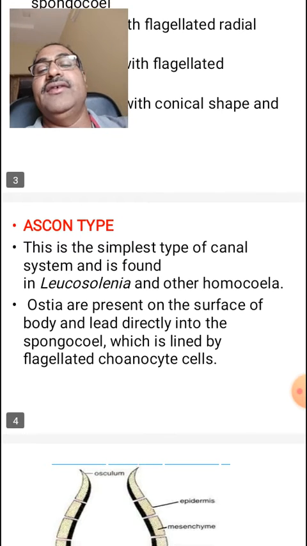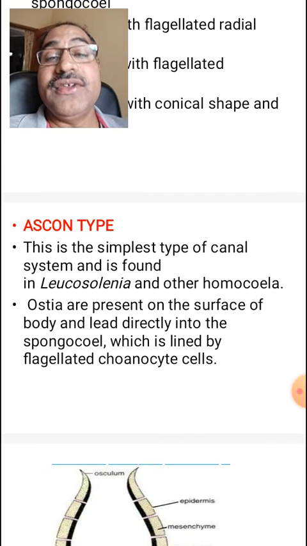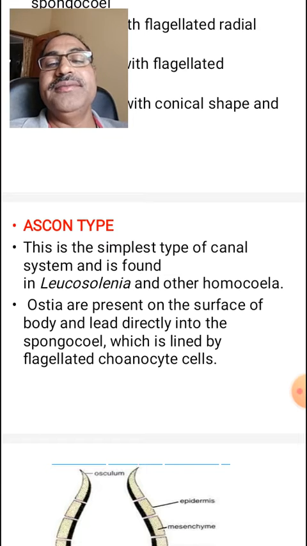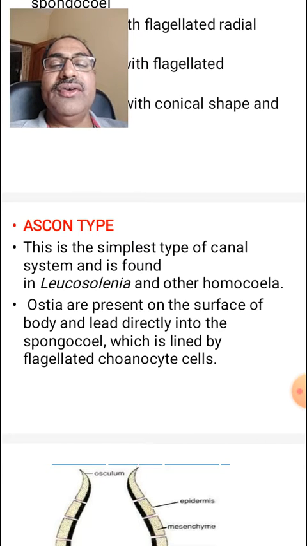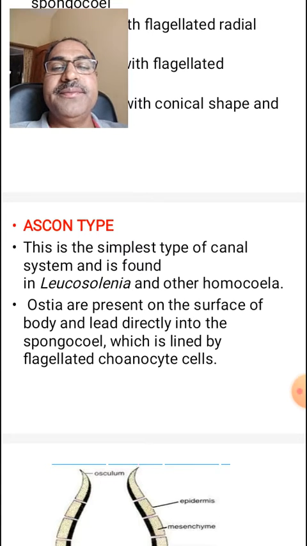We see them one by one. First one is the Ascon type. This is the simplest type of canal system, and it is found in Leucosolenia and other Homocoela class groups.